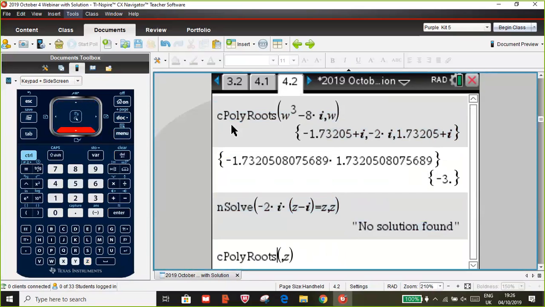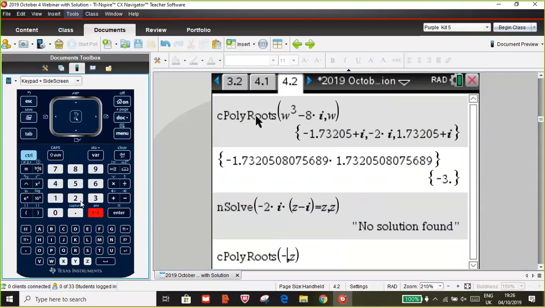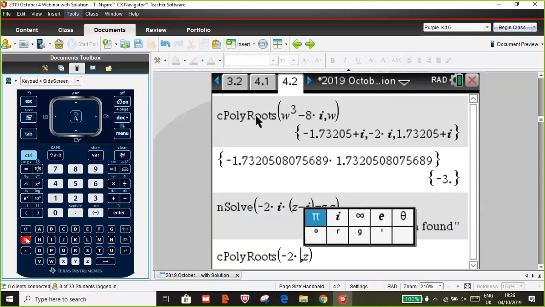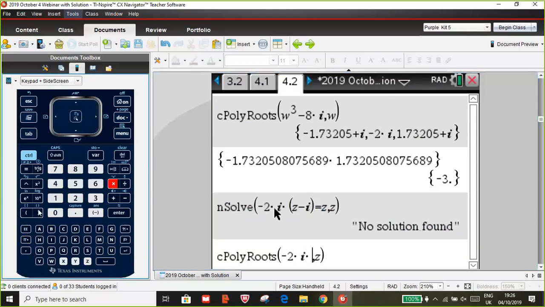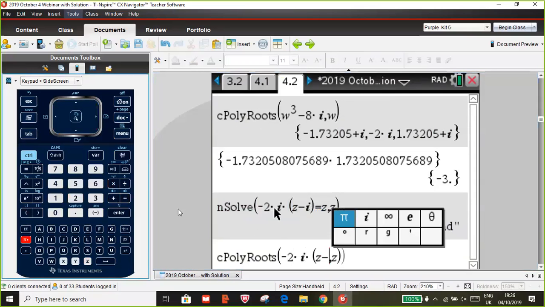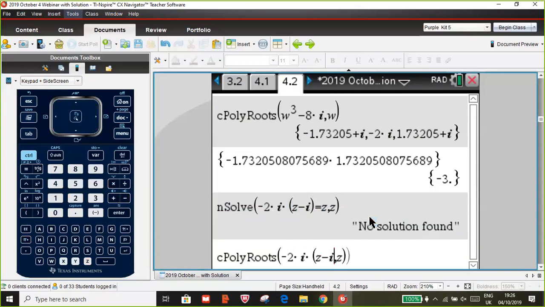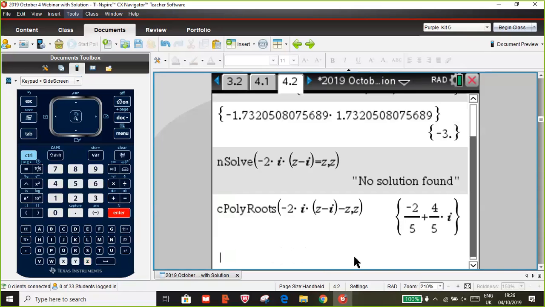I'll just type in what I see. -2 times i multiply by bracket z minus i, close the bracket minus z. Because remember, we have to shift everything to the left hand side and equals 0, right? So we have to put an equal sign here. This gives you the exact answer.